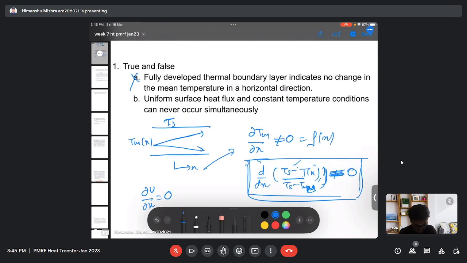So this is an incorrect statement. The second statement says that the uniform surface heat flux and constant temperature conditions can never occur simultaneously.